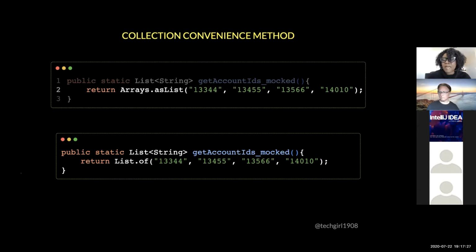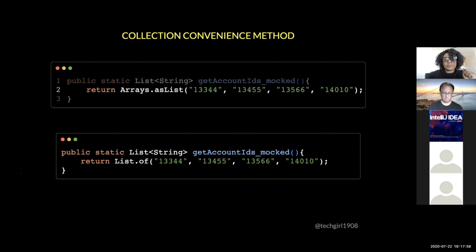So lists, maps, sets, etc. This one seems like a small feature, but I've actually been enjoying it a lot. And I think the reason for that is because it's more natural, right? Before, it took a little bit of cognitive effort to recall which class do I use to make a quick list? Is it Array? Is it Arrays, plural? Which one is it? But now I want a list, I call List.of. I want a map, I call Map.of.